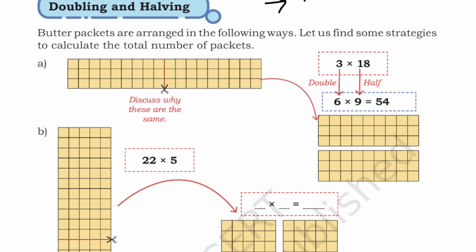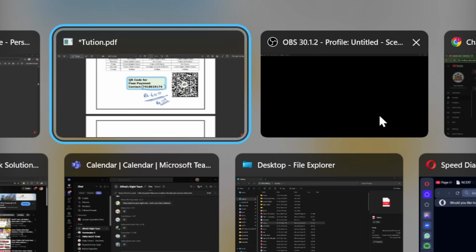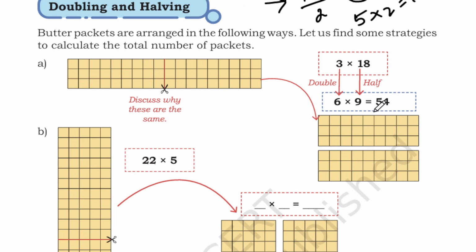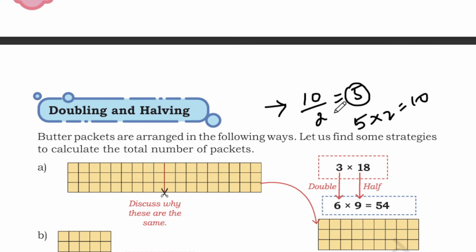For example, if you have 10, that divided by 2, which is 5, is called half. And doubling is multiplying by 2. For example, if you have 5, you multiply by 2, you will get 10. So that is doubling and this is half.